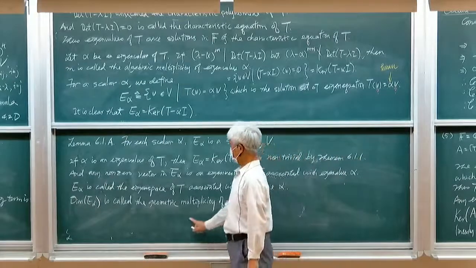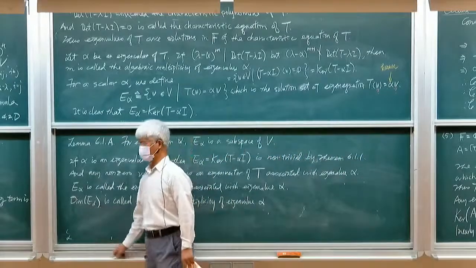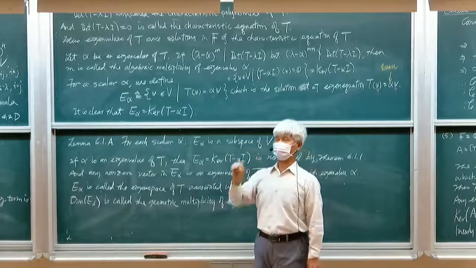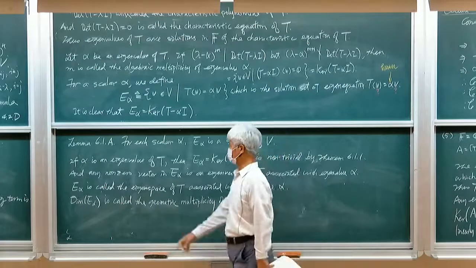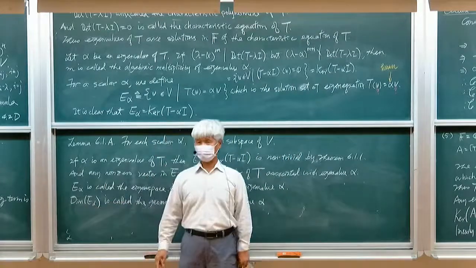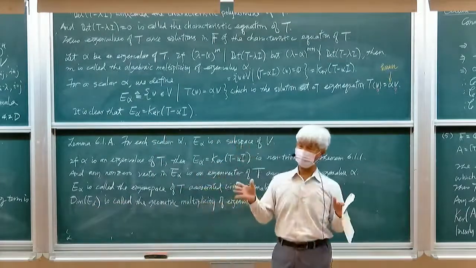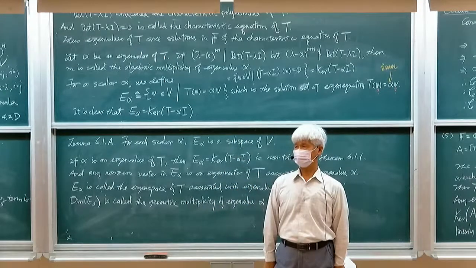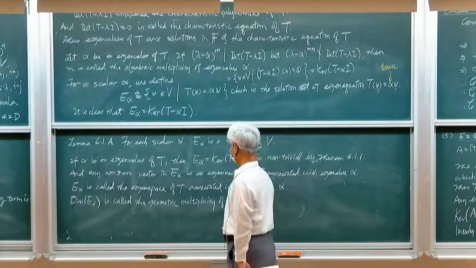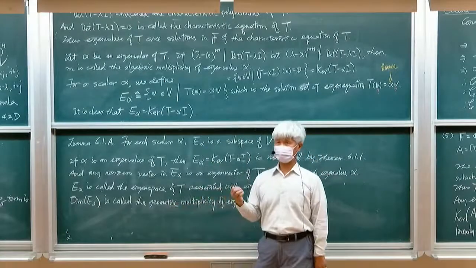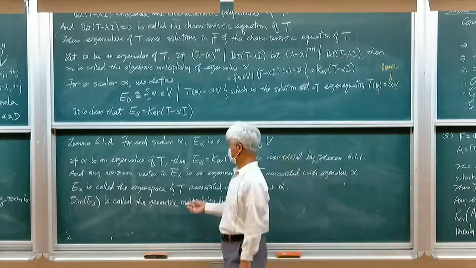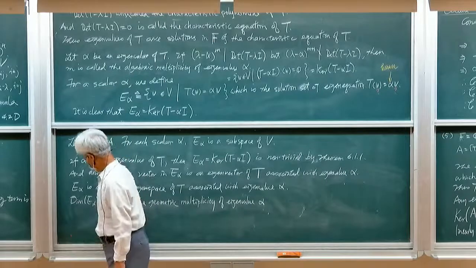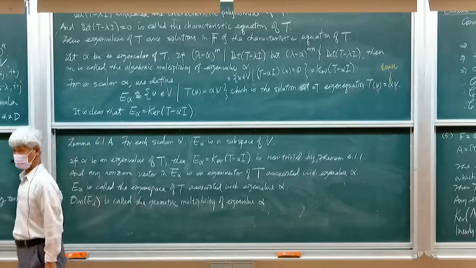But if the dimension of E alpha is k, then we can find k eigenvectors from the eigenspace, and these k eigenvectors form a linearly independent set. Okay, and that is crucial for us to determine whether we are short of eigenvectors or not later on.